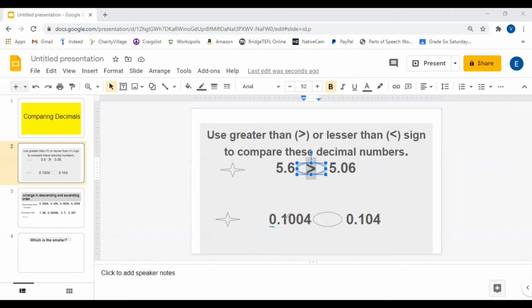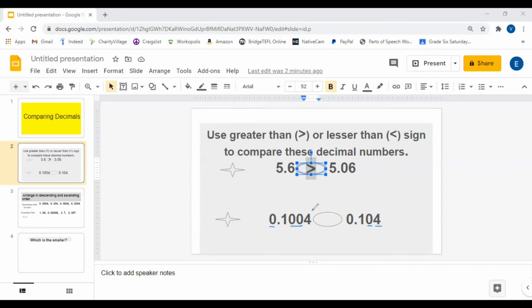So I cannot use the second digit. I'm going to go to the third digit, which is 0 here and 0 here. I still cannot use them because they are the same. I'm going to go to the fourth digit. The fourth digit is 0 here, and the fourth one is 4.